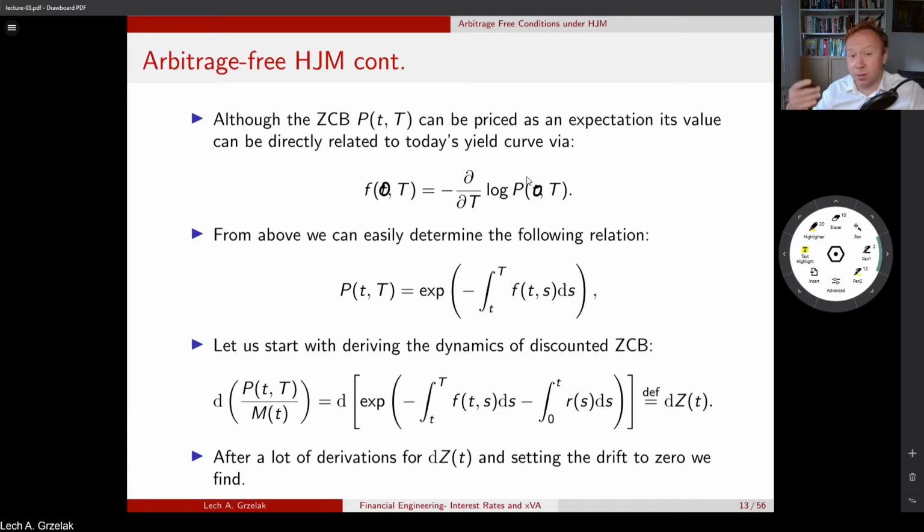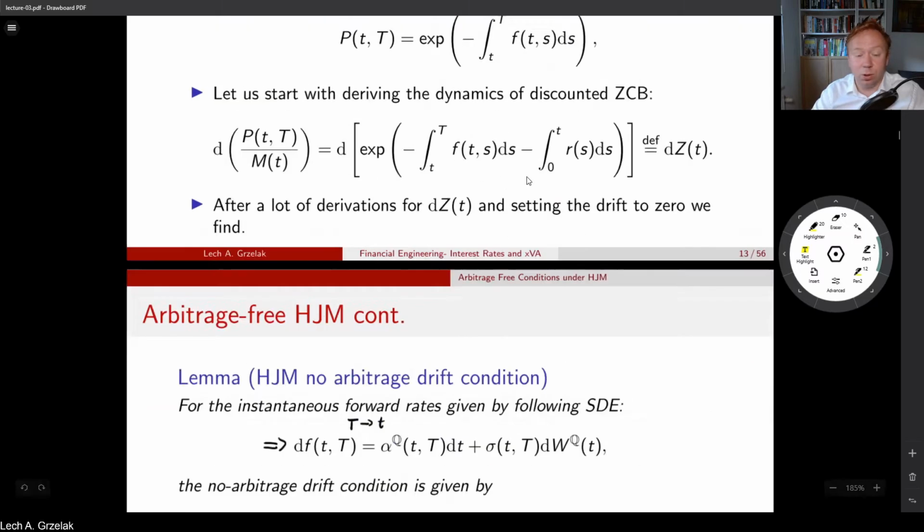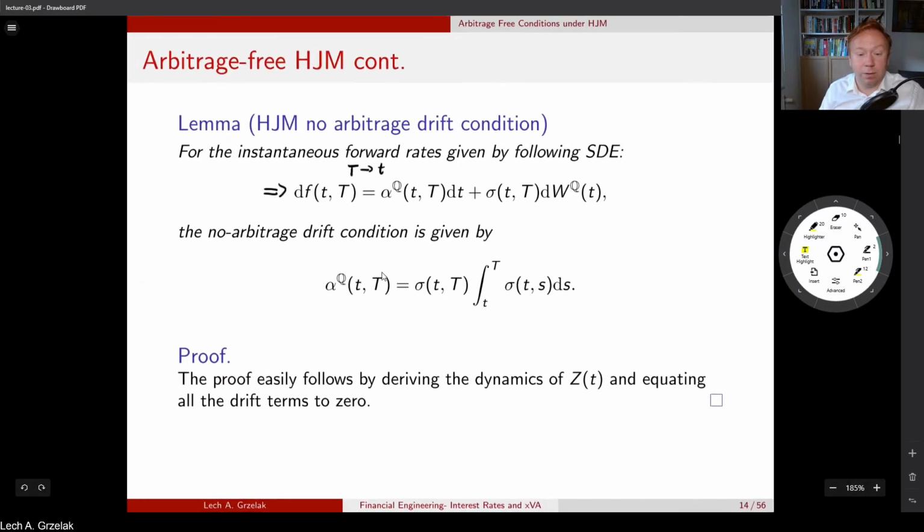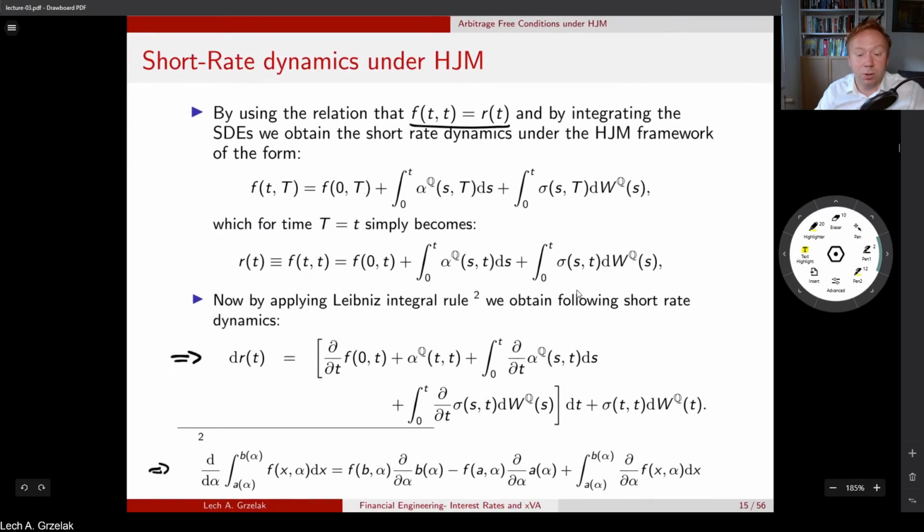This function is deterministic, there is nothing stochastic. Then we have alpha(t,t). This alpha(t,t) will be sigma(t,t), and then we have this integral from t to t. That's basically zero, because we just integrate over the same period of time, from t to t. So this integral has to be zero.